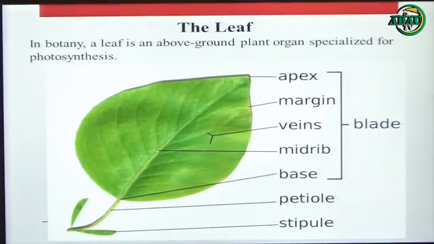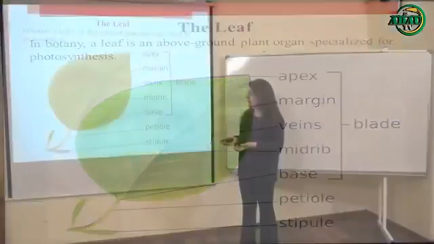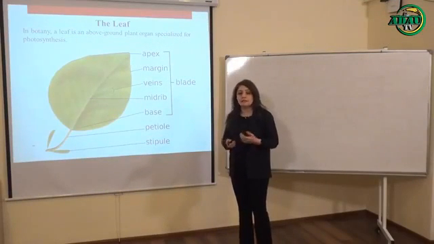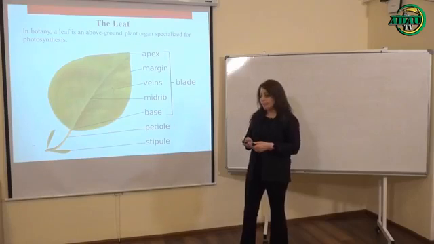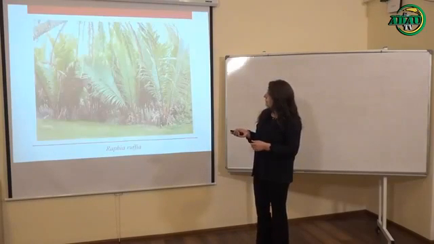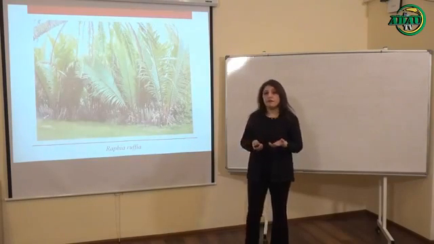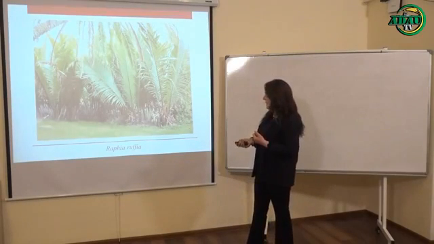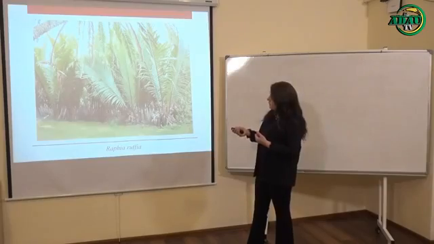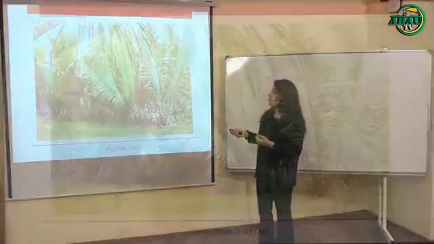And leaves are of different types. For example, they may be round, needle-like, scale-like, fan-shaped or heart-shaped, etc. And they also vary in size. For example, here you can see the leaves of Raphia palms.